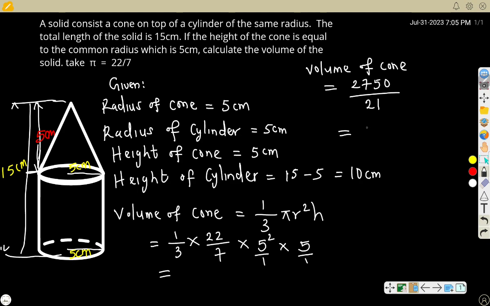That is 130.9524 centimeter cube. Volume is in centimeter cube. So we have known the volume of the cone, which is 130 centimeter cube. Now let's find the volume of cylinder.